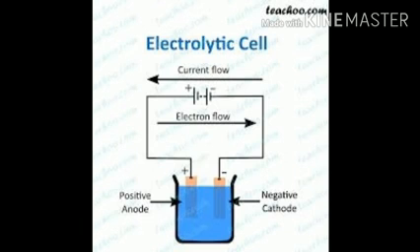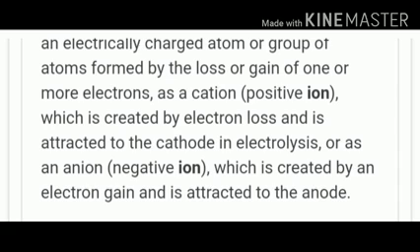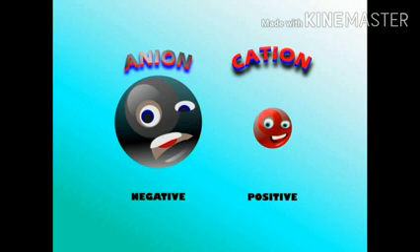During this flow, electricity is conducted through the ions. What are ions? An electrically charged atom or group of atoms formed by the loss or gain of one or more electrons, that is cation, the positive ion, or anion, the negative ion, is called an ion.